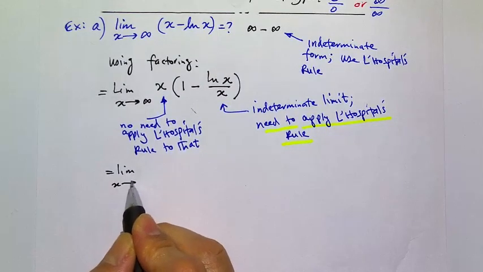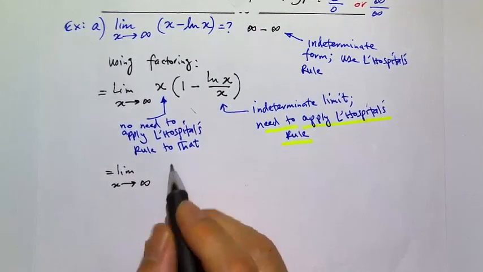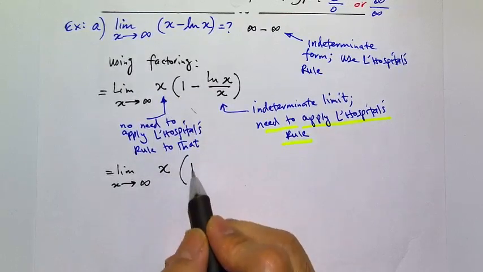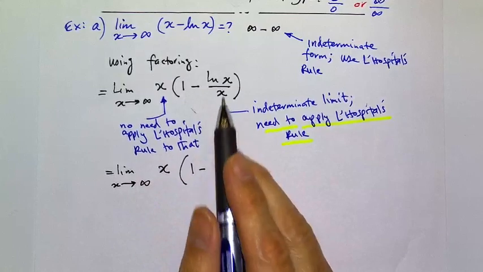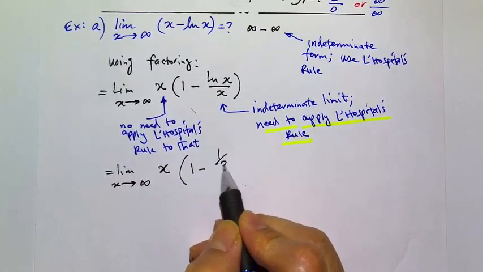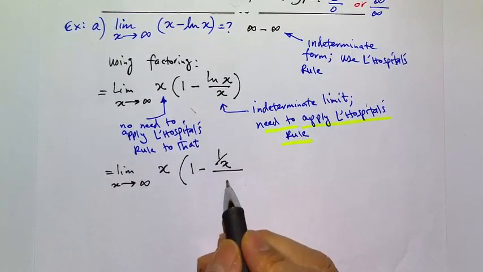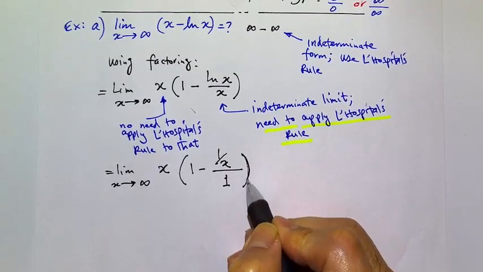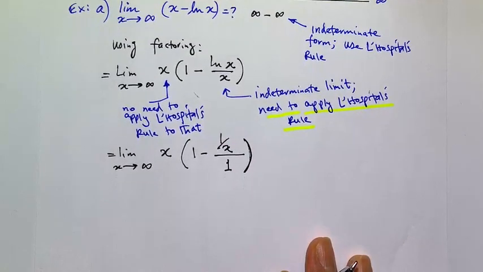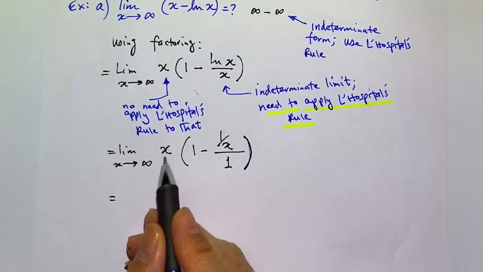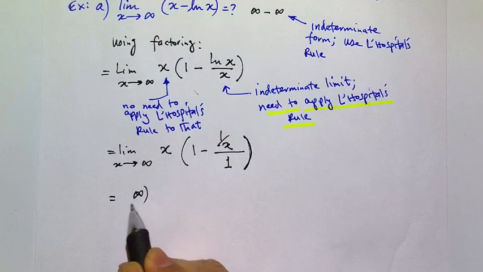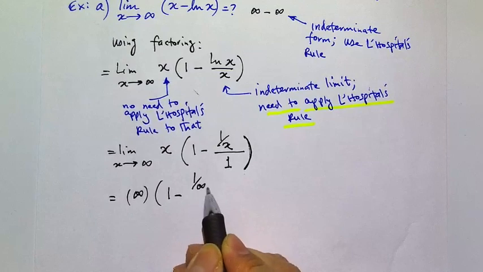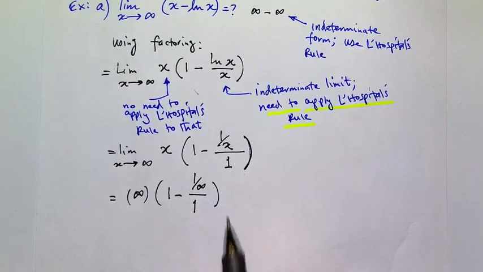We have the limit as x goes to infinity of x times, so the other pieces stay as they are, x and then 1. Now take the derivative of the numerator, that's 1 over x. Take the derivative of the denominator, that's 1, like that, right? Now we apply the limit. What will we get? For x, we get infinity, and then 1 minus 1 over infinity divided by 1, right?